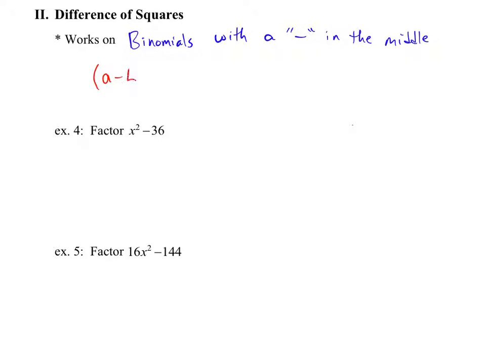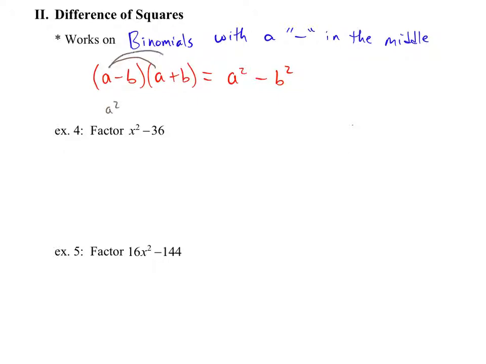If I were to have a minus b in parentheses times a plus b, and we were to FOIL that thing, we would end up with a squared minus b squared. And I'm going to kind of show why. I don't know if you want to mess up your notes, but when we FOIL it, I do first times first, that gives me an a squared, agreed?